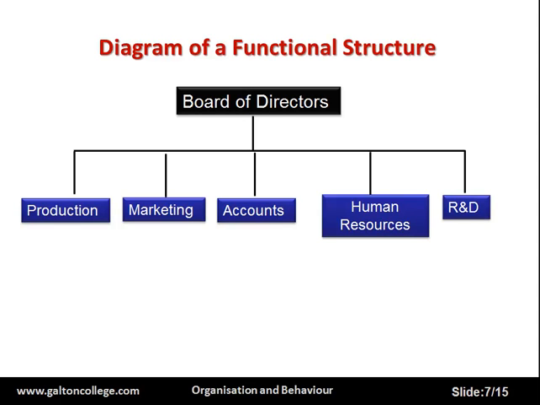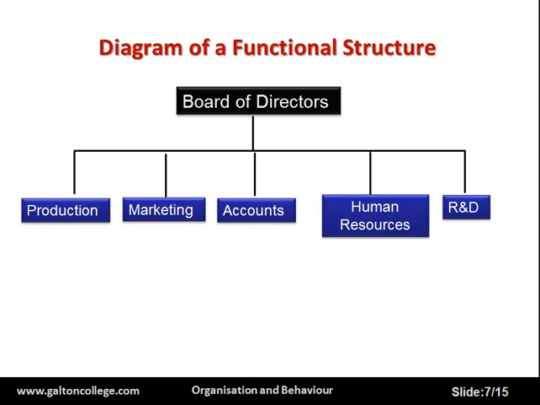But we can identify various functions. That's the point. The point is we can identify production as a function, marketing as a function, and so on. And in fact, these may be broken down further. We could have production of product A, product B, product C. The marketing may be broken down. Some people may deal with after-sales service, some people may deal with customer contacts, and some others will deal with market research and so on.